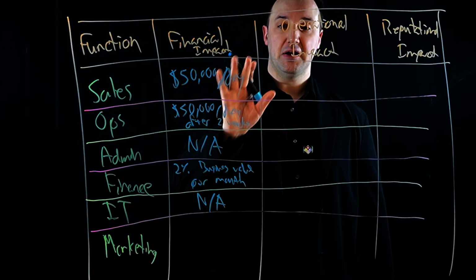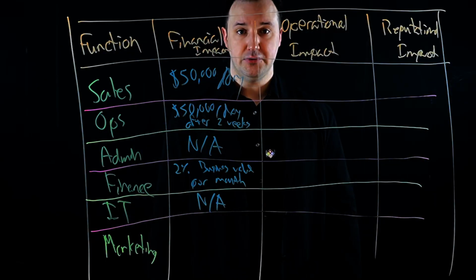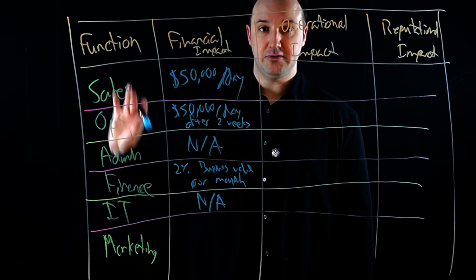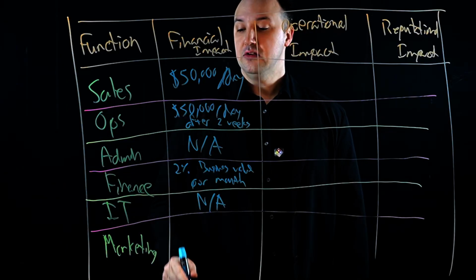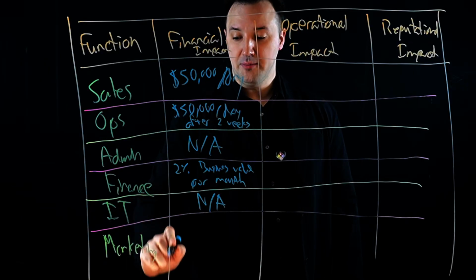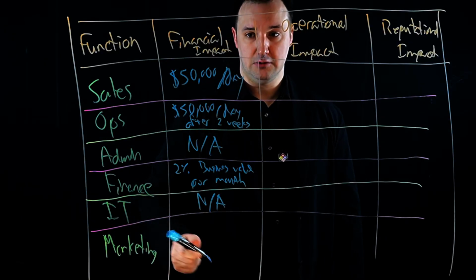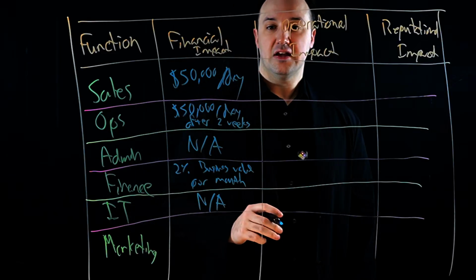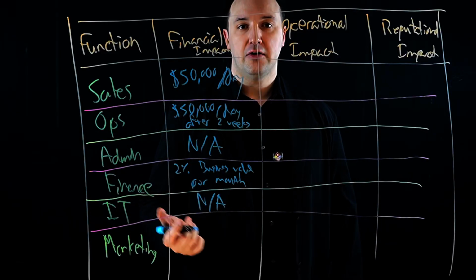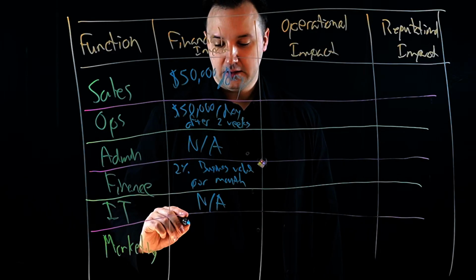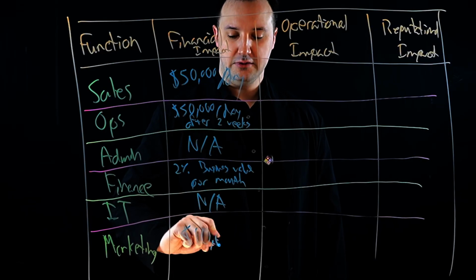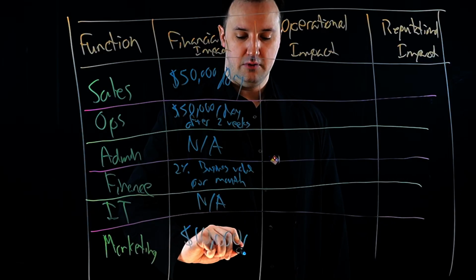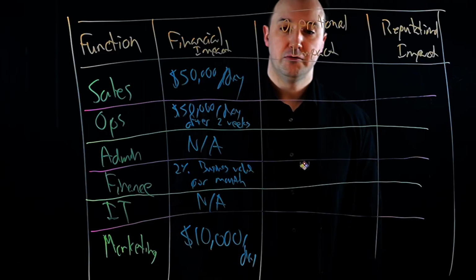So you've said, my sales department is my front of the line people that do stuff. My marketing department is my website and my marketing. Okay, so then your loss from not making web sales is a marketing loss. That's fine. Let's say that you're doing 10,000 a day from your website. Okay, so that would be 10,000 per day from losing marketing.